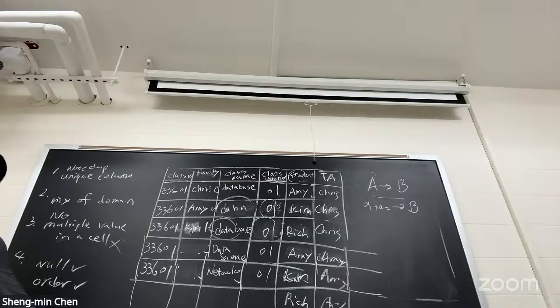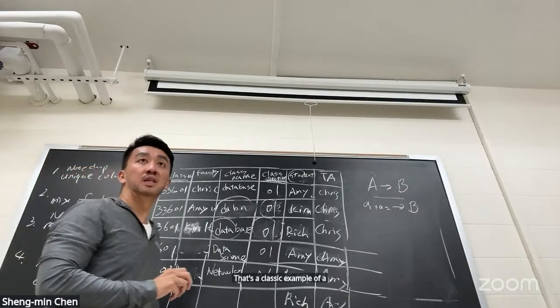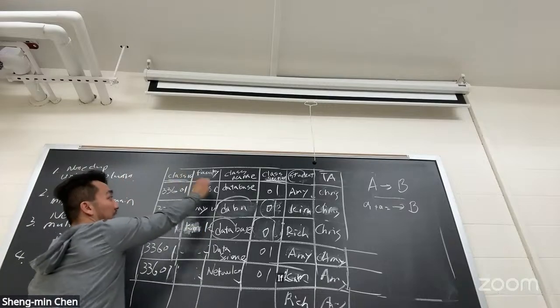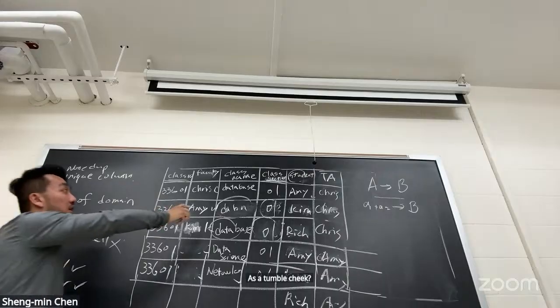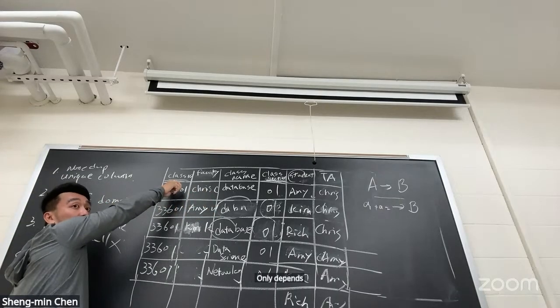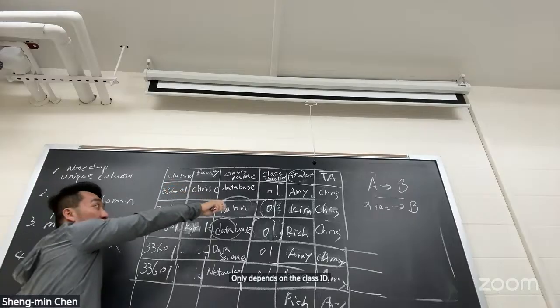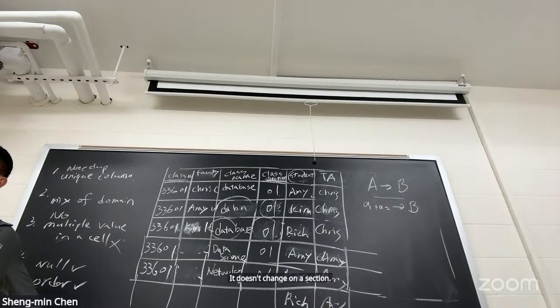Yes or no? It doesn't. That's a classic example of a partial dependency. If you're making class ID and section ID a combo key, your class name only depends on the class ID. It doesn't change on the section. So that's already a first violation.